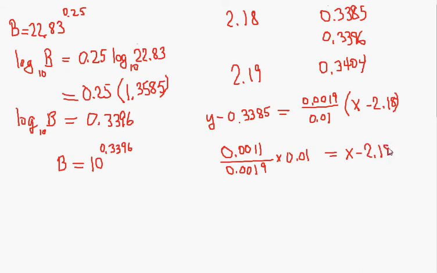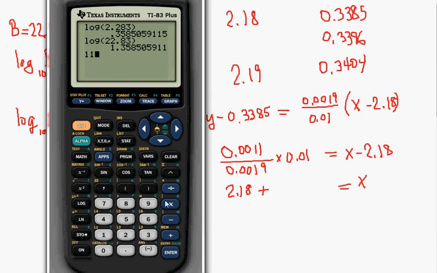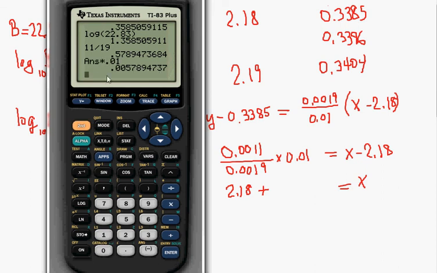So x is equal to 2.18 plus whatever this is. 11 divided by 19. We can do that real quick, and I'm going to cheat and use the calculator for that. 11 divided by 19 is equal to 0.5789, times 0.01 is 0.0058.